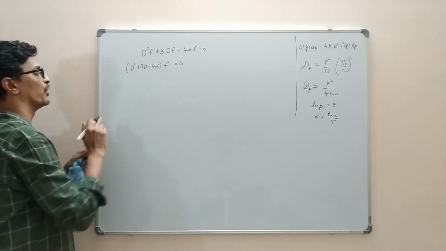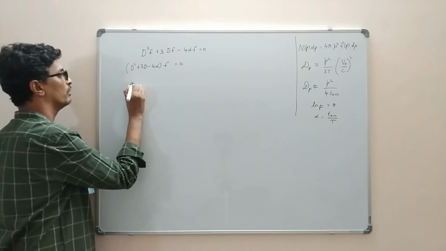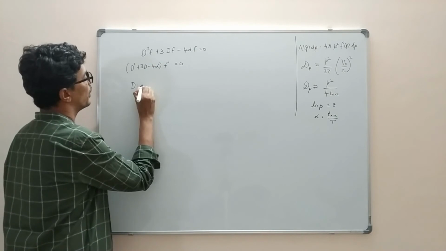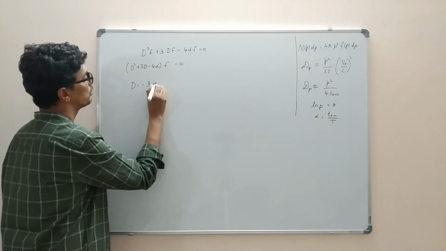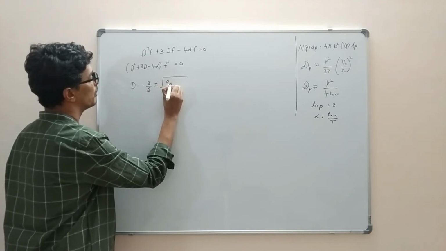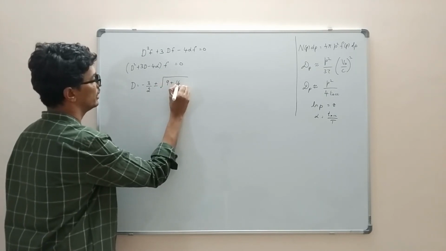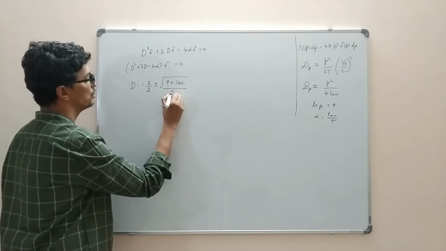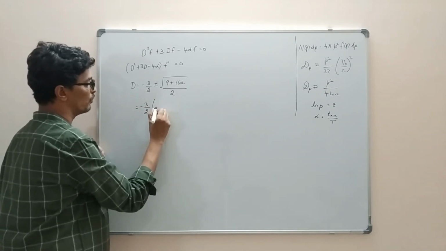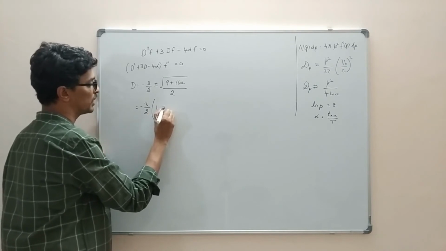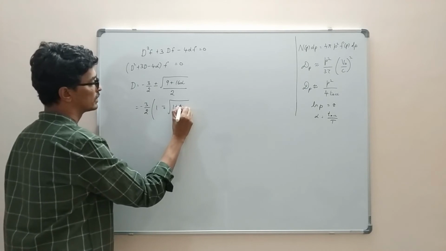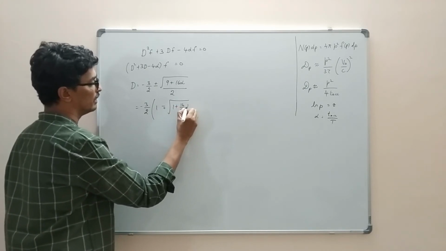So this is a quadratic. We can solve this as d is equal to minus 3 by 2 plus minus square root of 9 minus 16 alpha, by 2. If I take minus 3 by 2 commonly outside, it is going to become 1 minus plus root of 1 plus 16 by 9 alpha.